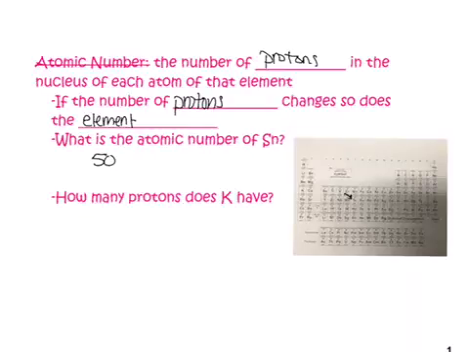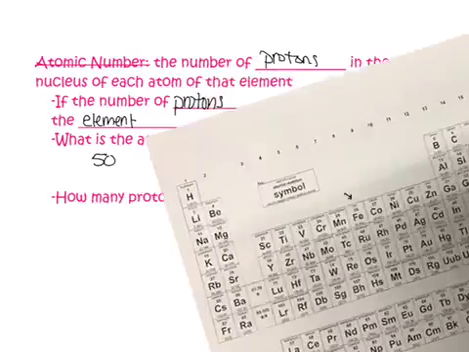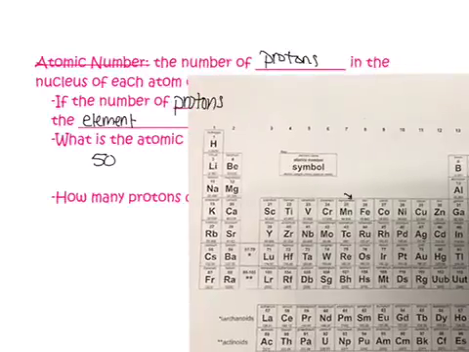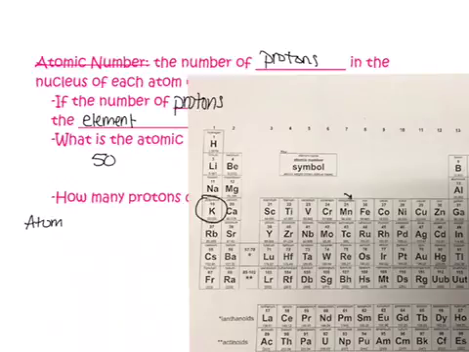Then too, if we look for potassium, potassium is over here with element 19, and we look for the whole number. It tells us that our atomic number is 19, so there are 19 protons in potassium.